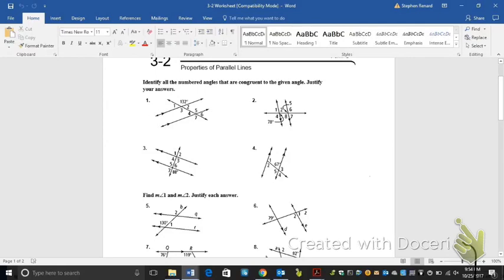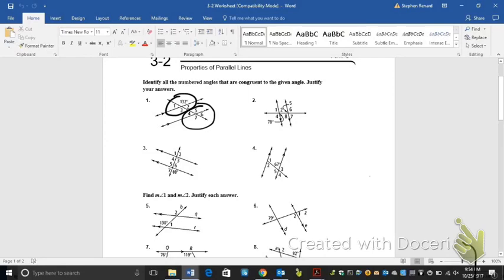There are four basic angle pairs that we talk about: alternate interior, alternate exterior, corresponding, and same side interior. Remember from yesterday that when we're doing this, we take one from each group of the intersection. So when we're talking about corresponding angles, we're talking about like 1 and 4.